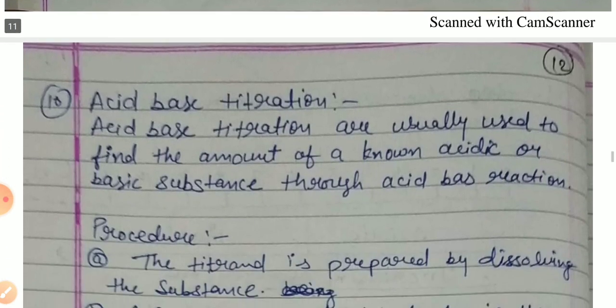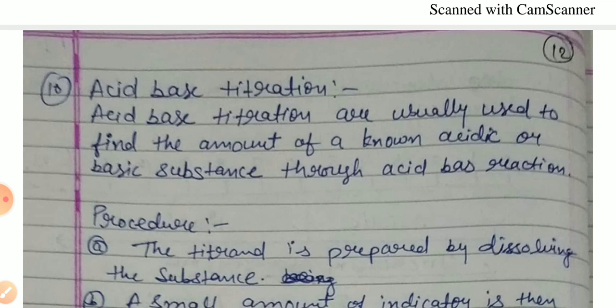The next topic is acid-base titration. As we all know, acid-base titration is a standardization titration to identify the pH of the solution, or to identify the acidity or the basicity of the solution. Acid-base titrations are usually used to find out the amount of an acid or a base substance in an acid-base reaction.